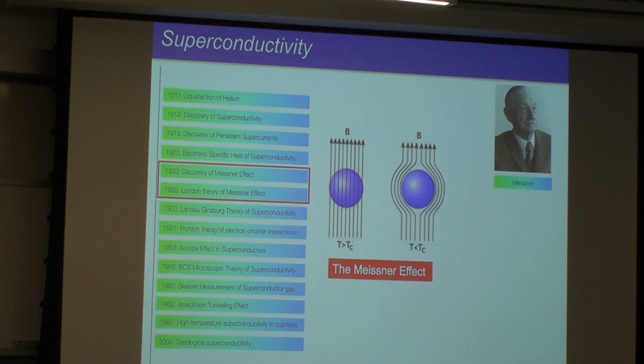And right after that, the London brothers, two brothers, last name London, gave a semi-classical theory of the Meissner effect. They didn't talk about the microscopic picture, but they explained how one might be able to get such a behavior. And the crux of their theory was that all the particles that are contributing to currents inside this material must move in unison as one body, not as independent objects, but as one collective object.